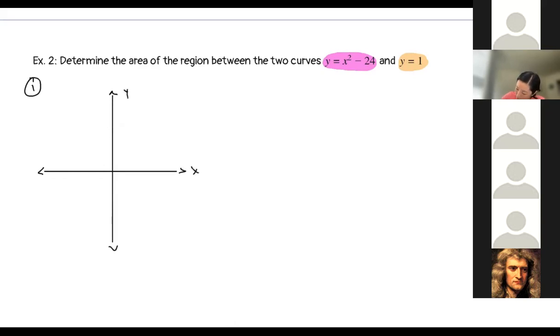So we've got a graph and we're going to want to find intersections. Okay. All right, tell me about that pink curve. What do we know about that pink curve? It is a parabola, facing up or facing down?